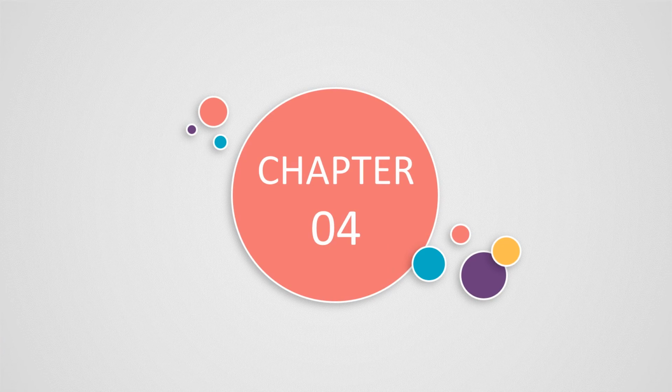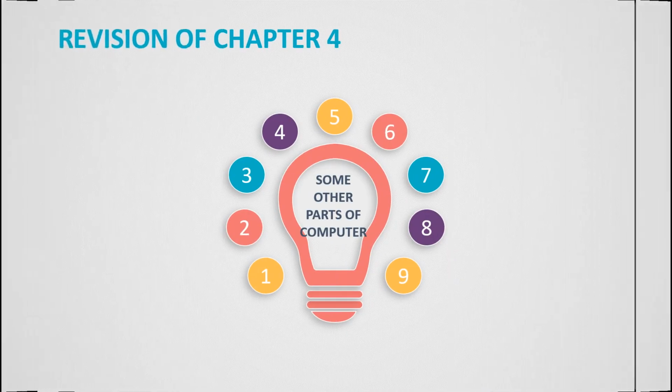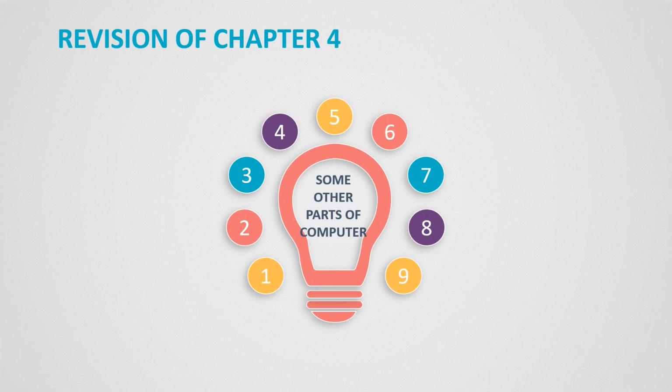Let us now have a quick recap of chapter 4. That is, revision of chapter number 4. A brief summary of chapter 4. Chapter 4 is some other computer parts.